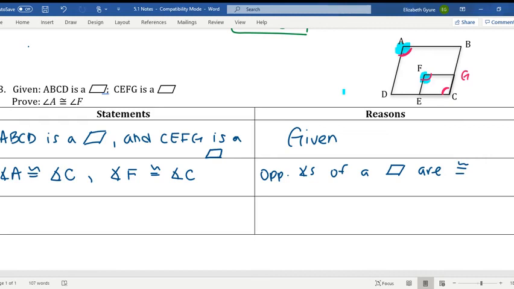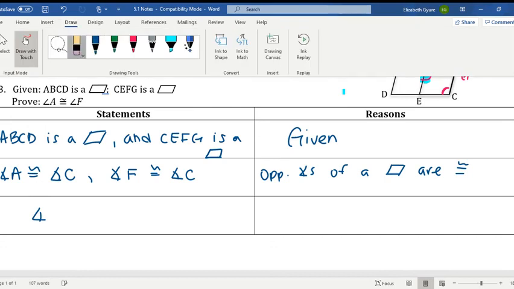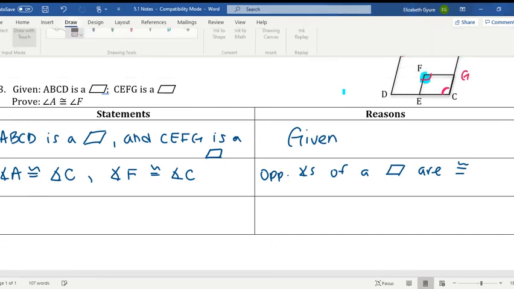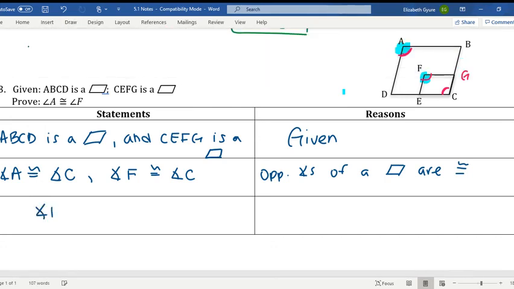And you can write out the words if you want or abbreviate. Now, again, they're both congruent to C, so they're congruent to each other. So we can then say that angle A is congruent to angle F by the transitive property.